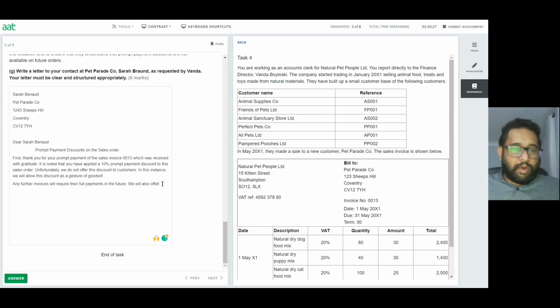We will also issue a credit note to acknowledge the discount for this instance.